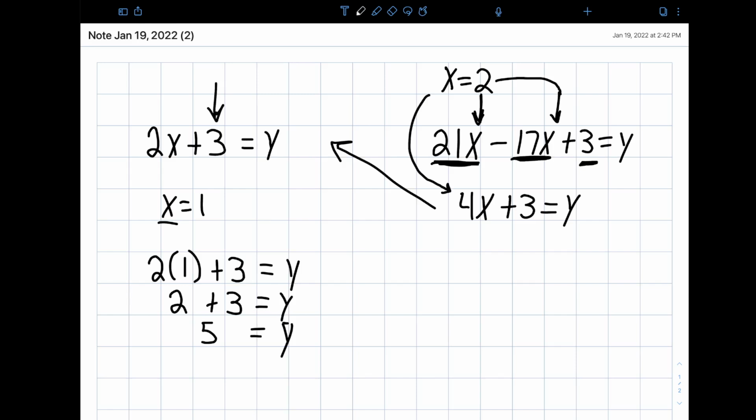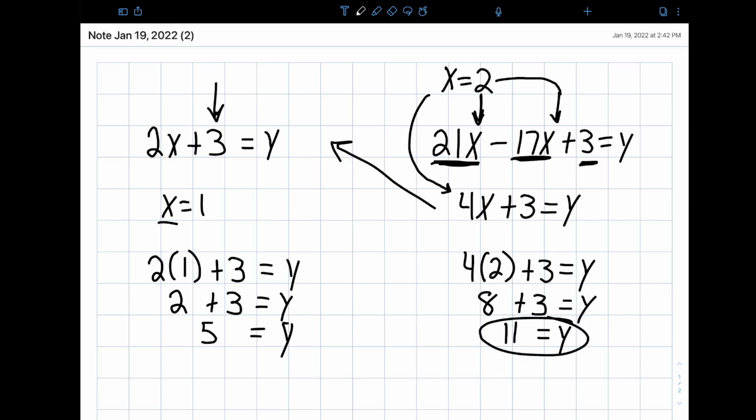So now we plug in here. 4 times 2 plus 3 equals y. 8 plus 3 equals y. So this gives us 11 equals y. And this is our answer.